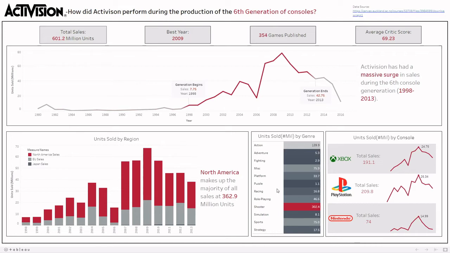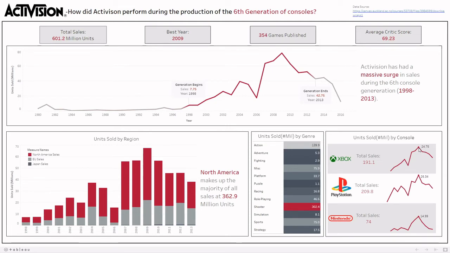And then on the right here, I have grouped the data into three separate categories, those categories being the three big platforms during this generation, that being Xbox, PlayStation, and Nintendo platforms. As you can see the total sales here for all three, and I have this small line graph here, which includes the peak.